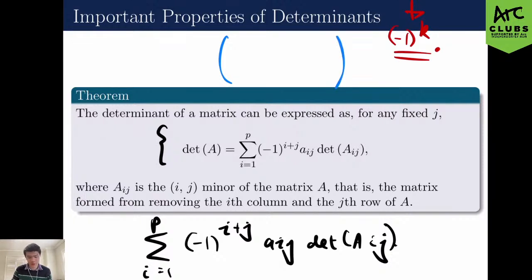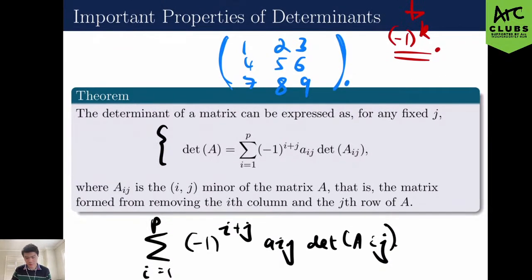Basically, let's say we have a 3 by 3 matrix. And the determinant of a 3 by 3 matrix is a bit hard to calculate. So what you want to do is go through the individual terms, Aij. Right, so you go through the individual terms, 1, 2, 3, and you choose any row that you want to do this with.